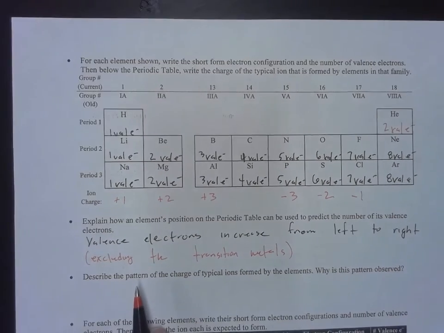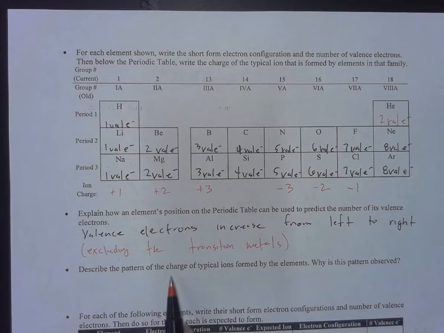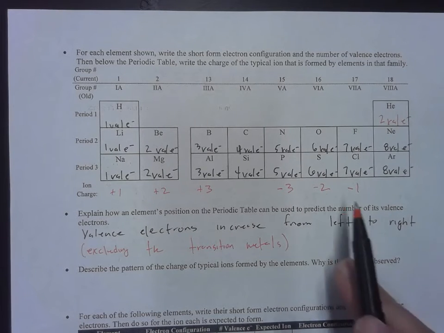Describe the pattern of the charge of typical ions formed by the element. So why is this pattern observed? Okay.